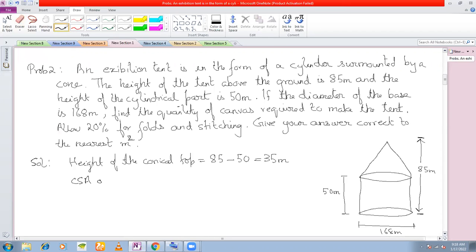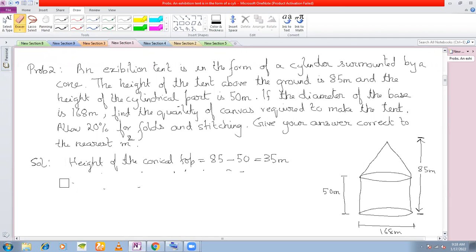Curved surface area of the cylindrical part is 2 pi RH, right? So 2 pi, and the radius of the cylinder is, let's find out the radius of the cylinder first, then we'll write the curved surface area.